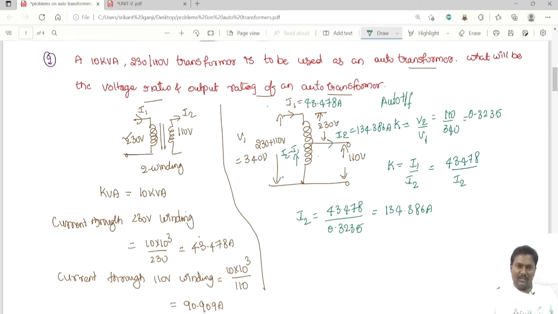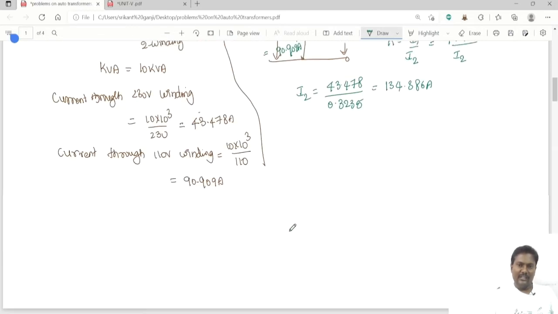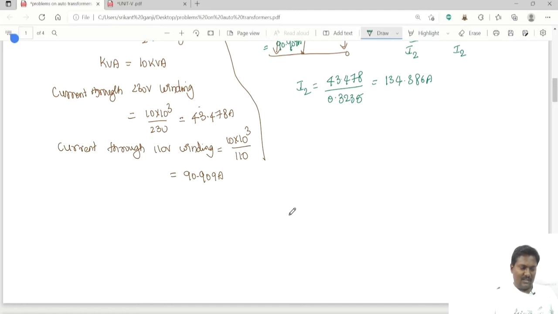So I2 minus I1 you will obviously get 90.909. The current flowing through the 110 volts winding is 90.909, and if you apply KCL at this point also, you will get I2 as 134.386 amperes.